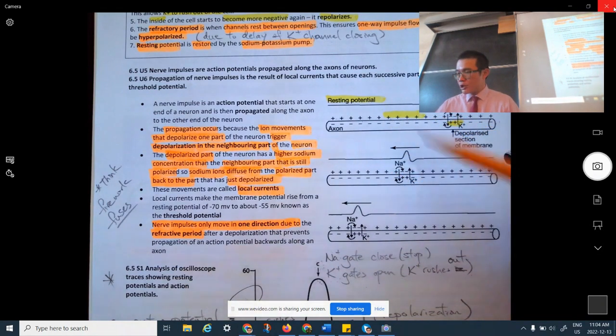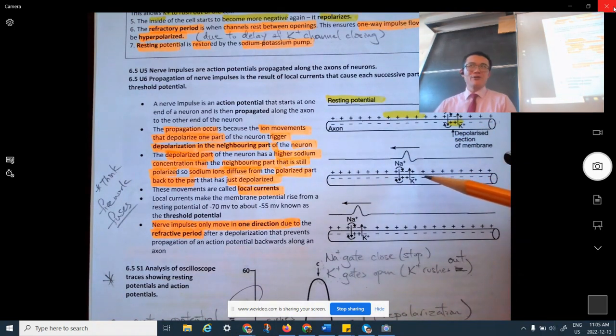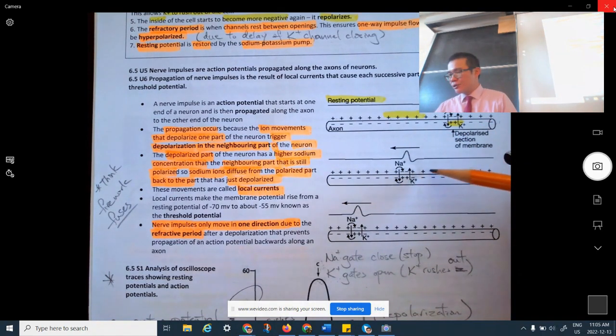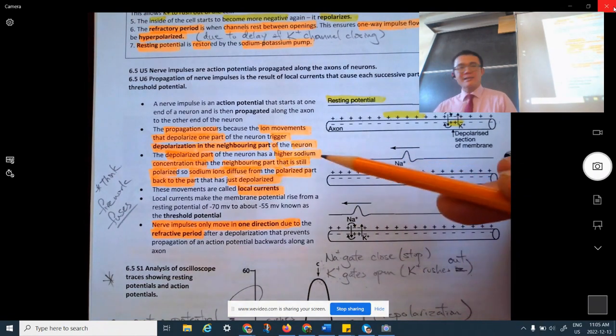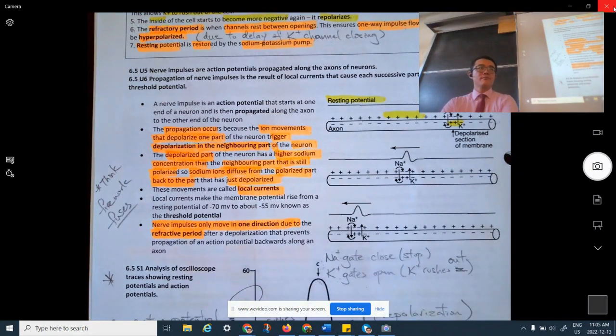As it moves in that direction, the part that just had the action potential is going through the refractory period. So it can only go in this one direction, okay? So think firework fuses.